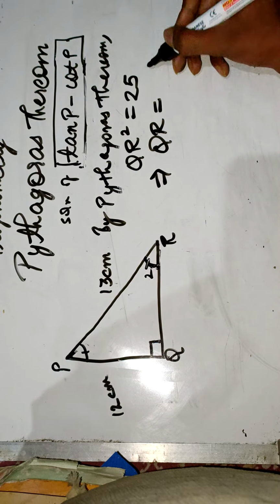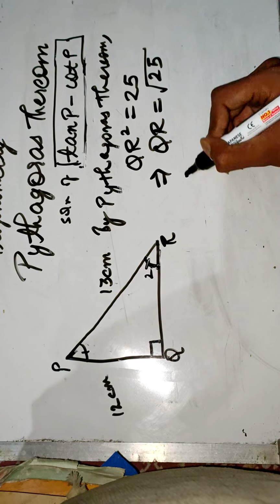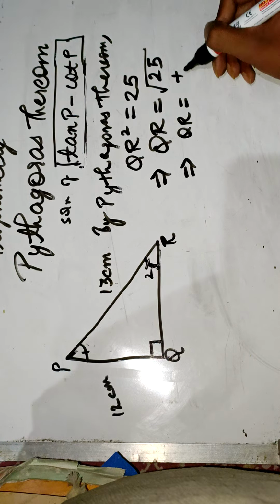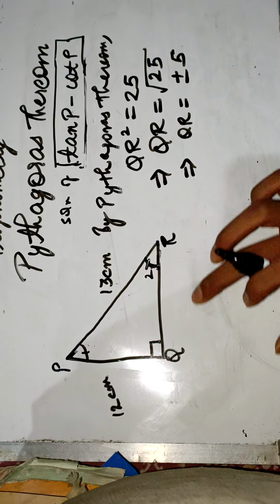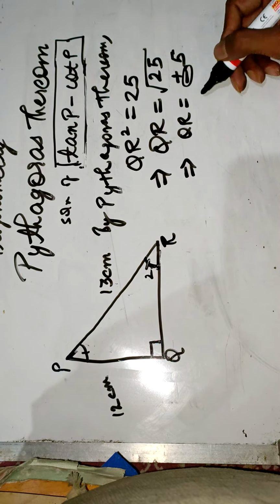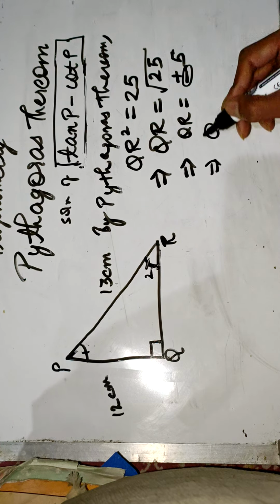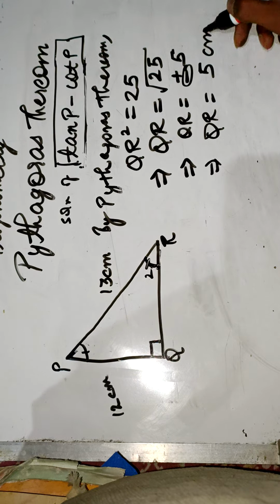That will become the square root of 25, that is QR is equal to plus minus 5. But in this case, since we are talking about distance, the negative part should not be taken here. That's why the value of QR will only be plus 5 centimeter.